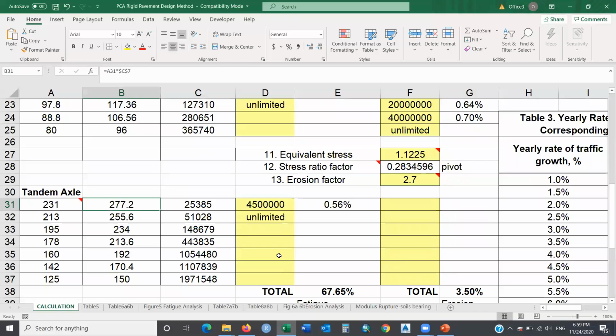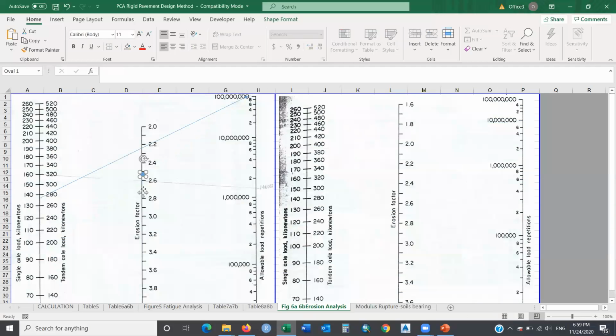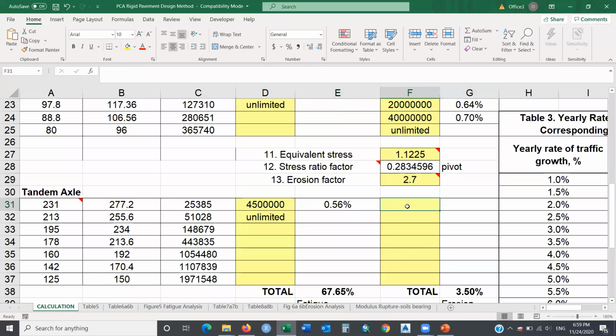And for tandem, I have to use the new pivot, 2.7. $1.9 million. $255.